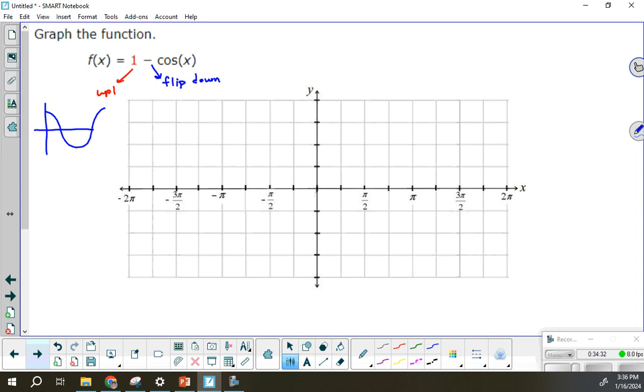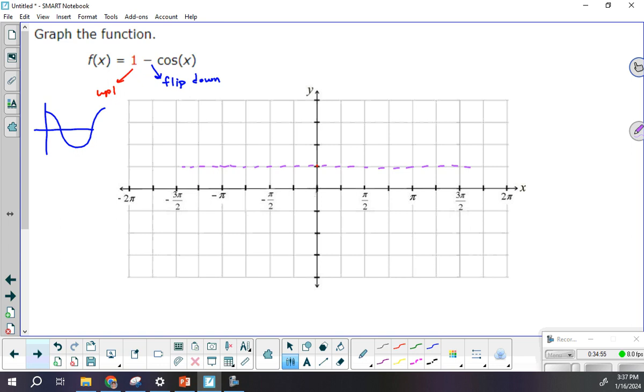So we shift up 1. So instead of starting at 0, 1, we're going to be starting at 0, 2, but we shift down because we flip down. So actually, let me do it this way. Because we went up 1, this is like shifting your x-axis, if you will, up 1.